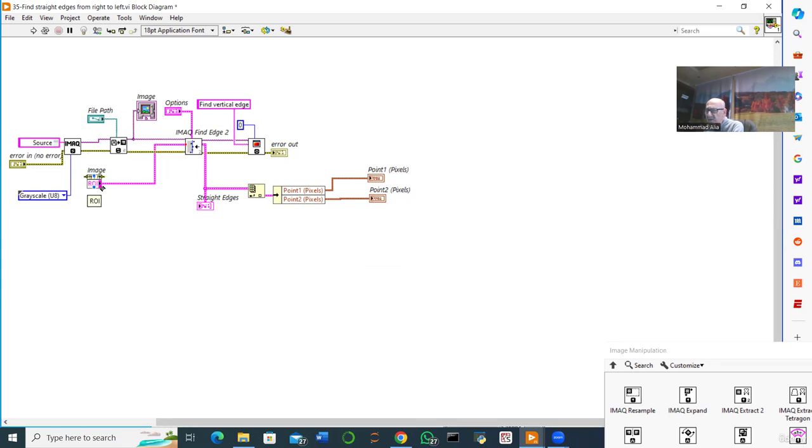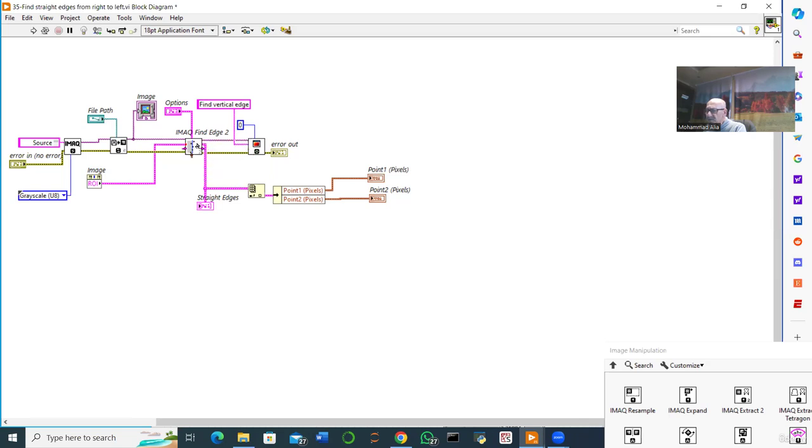And also, you have to configure the region of interest, because you need to find the straight edge exactly in a given region of the image. At the output, you will get the image itself with the 2 points coordinates which describe the linear edge.